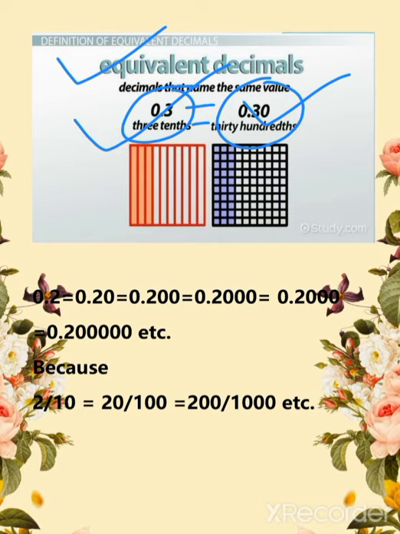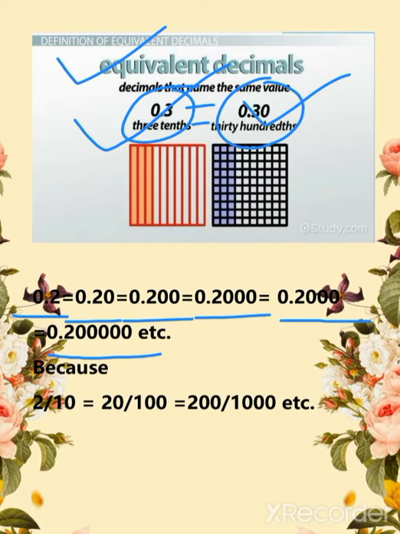Here is one more example of equivalent decimals: 0.2 equals 0.20 equals 0.200 equals 0.2000 equals 0.20000 equals 0.200000 and so on. Basically, if we write zeros after the decimal digits, it will be the same decimal number.